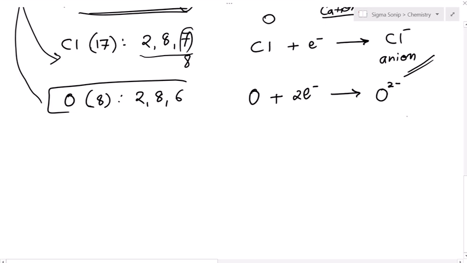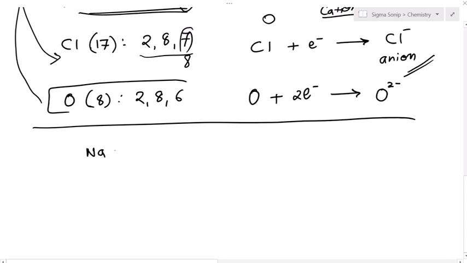So when sodium and chlorine combine, first we have sodium, which gives up an electron and becomes a sodium ion, and you have chlorine, which accepts that electron. So basically that electron goes here and you get chloride, Cl minus.